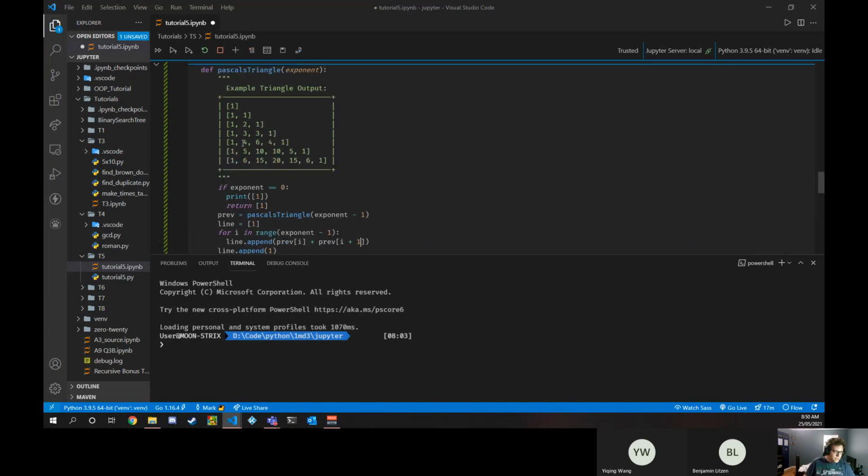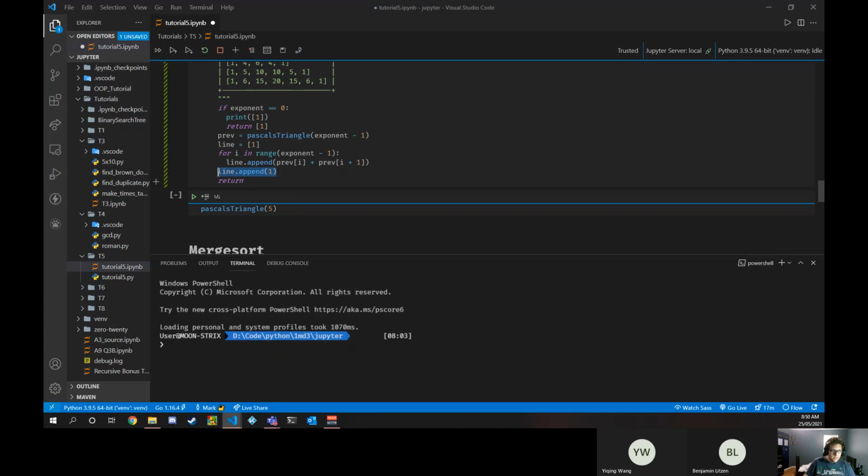What this will do is, okay, I'm solving this line, so I'm going to start here. 1 plus 3 is 4, append that to my list. 3 plus 3 is 6, append that to my list. 3 plus 1 is 4, append that to my list. And I've finished the loop. Remember, the 1 at the beginning and the 1 at the end are both already handled.